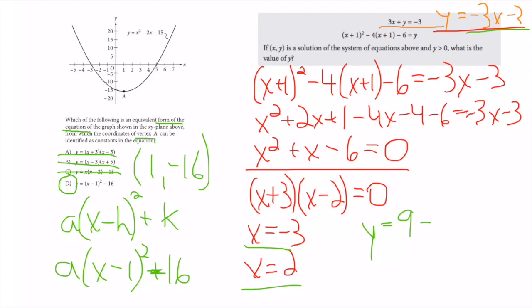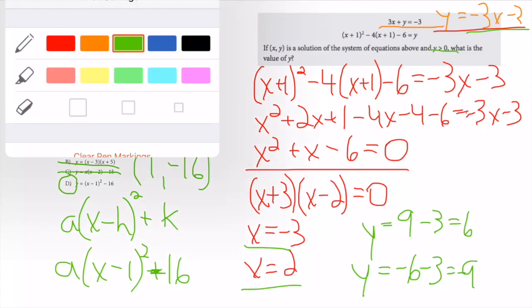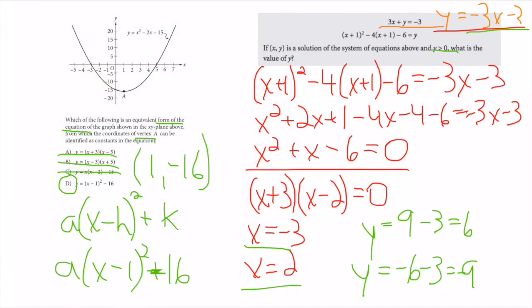I just end up with 9 minus 3 equals 6. Okay, and again it says y is greater than 0, so I know that my answer is y equals 6.